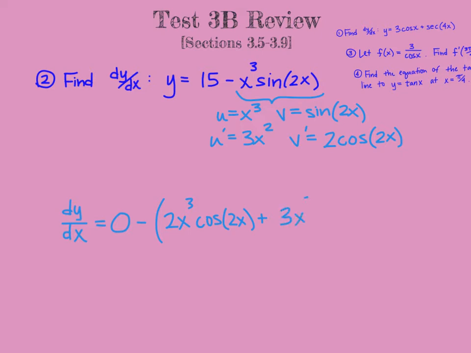We'll write the 3x squared first, and then the sine of 2x second. Now really, we can just leave our final answer looking like this, or we could multiply the negative through. We don't really need the 0, so I'll just erase it. And there we have it. Our dy/dx is negative this entire quantity here.